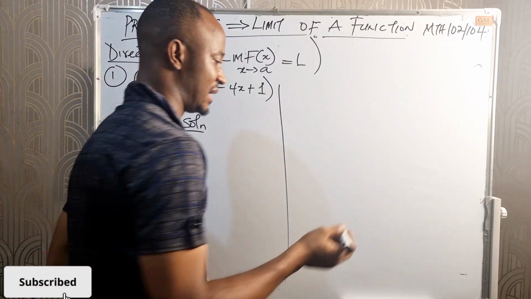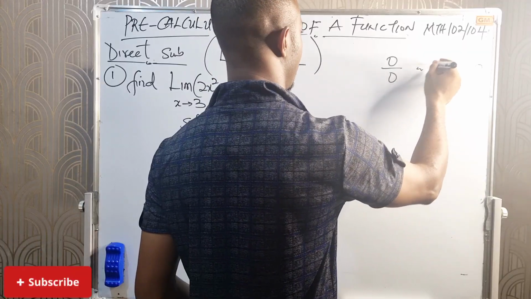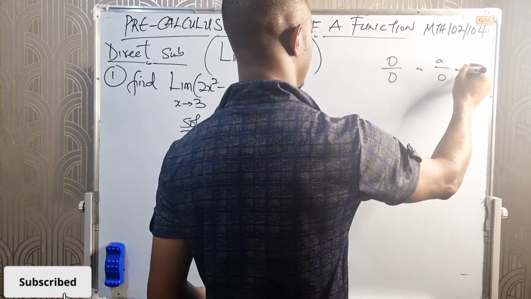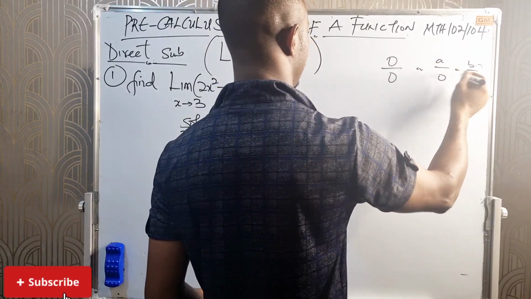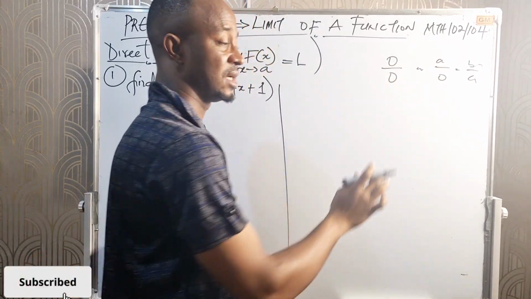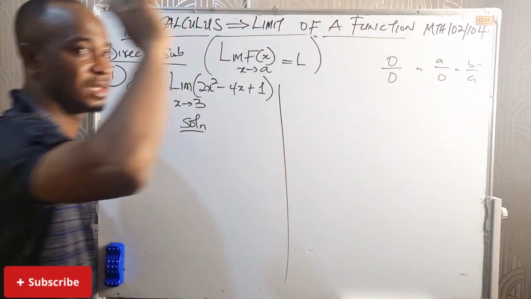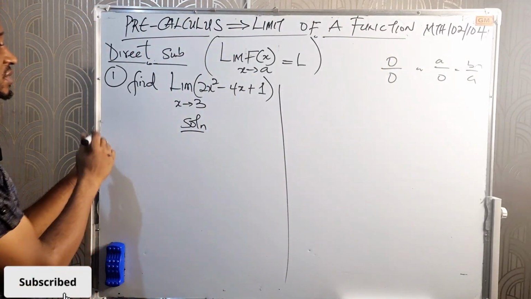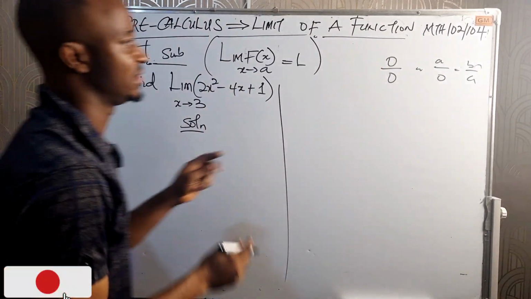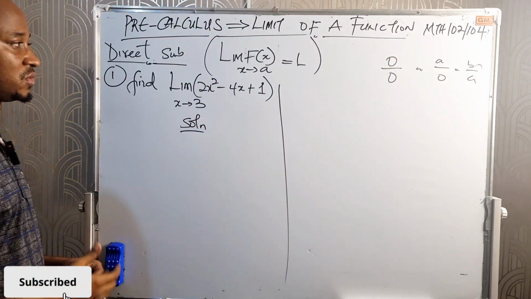Whenever you have an answer like 0 over 0, or a over 0, b over 0, all of these are called undefined, also called indeterminate. So if you have a result like this after applying direct substitution, it means that you have to use other methods to solve for the limit.